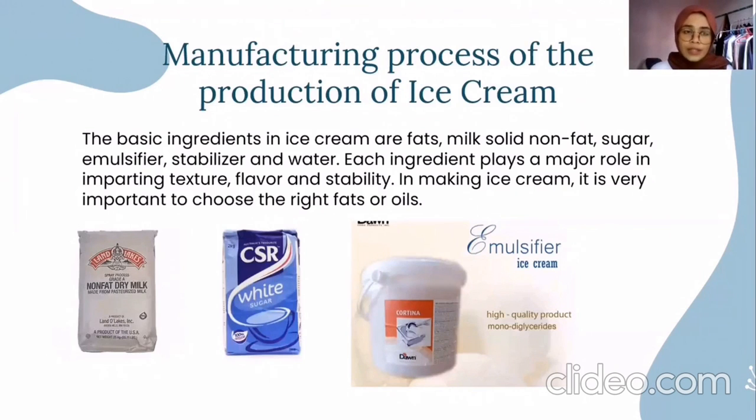The right fats or oils should have a bland flavor and good flavor stability in the finished product. So the ice cream should have a warm eating effect and melt without greasiness and gumminess.